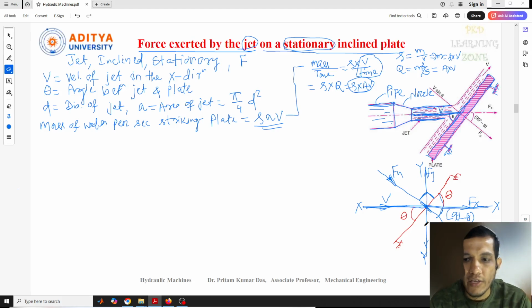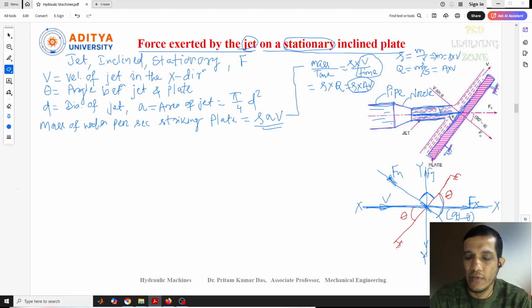Why am I focusing on Fn? Because here we see the force exerted by the jet on the plate with an inclination, so we need to consider the force normal to the plate. From that we can identify some components.